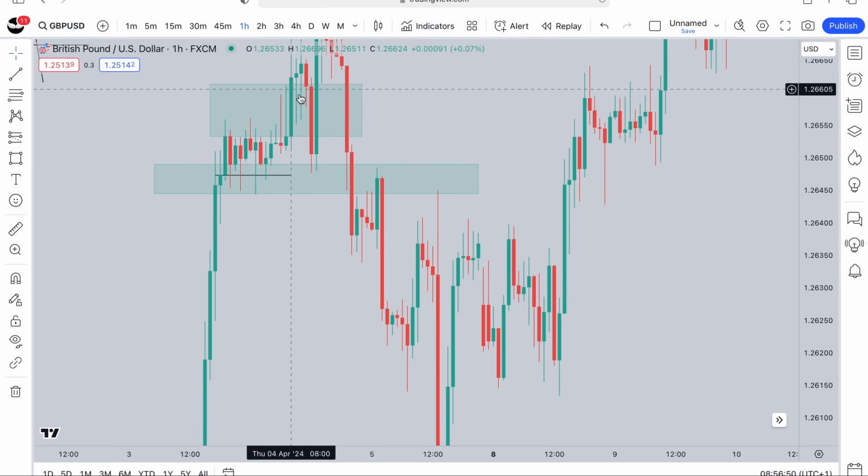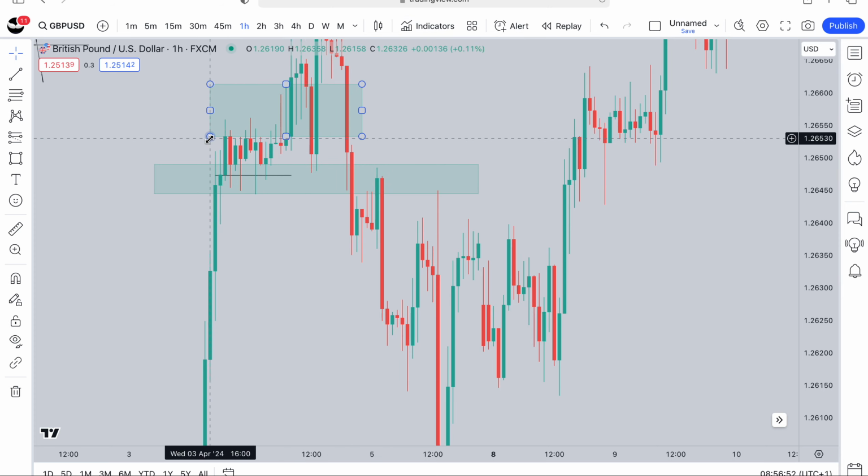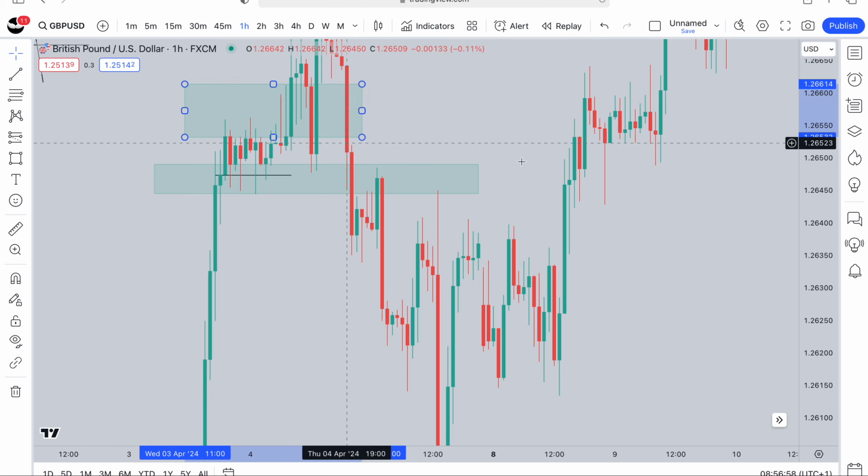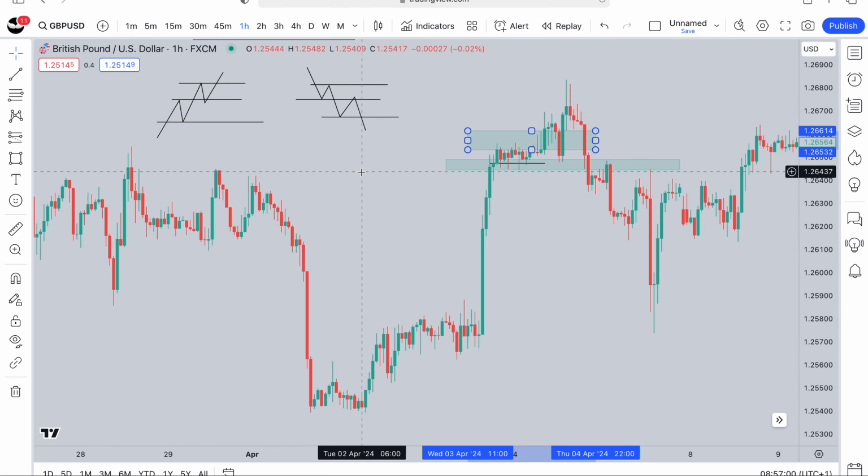Sometimes price won't always go in quite deep. I know these wicks are here, but sometimes price will just tap into these wicks and then boom, go. So that's why I always preach about going from the wicks to the bodies.